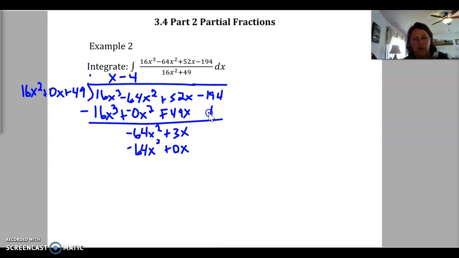Oh, I forgot to bring down my 49. So bring down the minus 49, and then negative 4 times 49. What's that going to be? 200 minus 4, so negative 196.